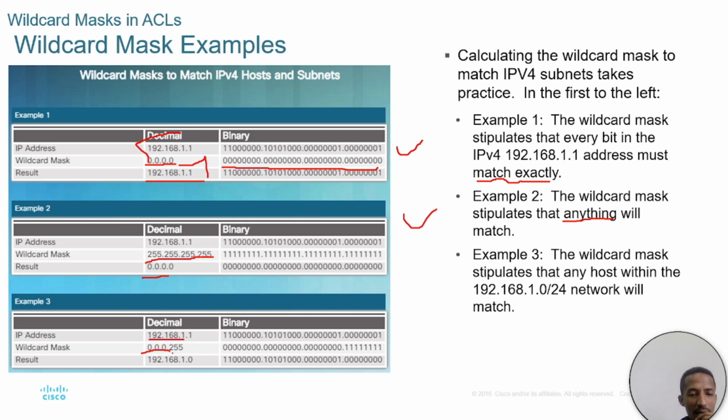But the last number is ignored, so the last will be 0. So who is going to be matched? Any IP address having 192.168.1 will be permitted, but the last number can be ignored. It can be 1, it can be 10, it can be 100, it can be 254, and so on. So in general, all of these IP addresses will be permitted.